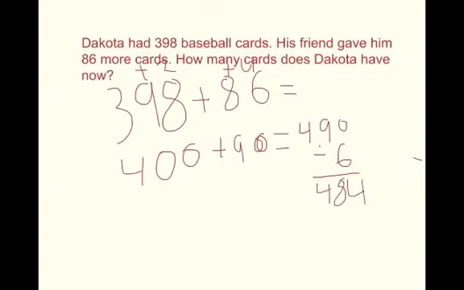And how did you know it was 484? Well, because I know 6 and 4 is 10, so I know I had to put a 4 there, and then I had to go 10 down, which equals 80, and then 400 is just left alone.